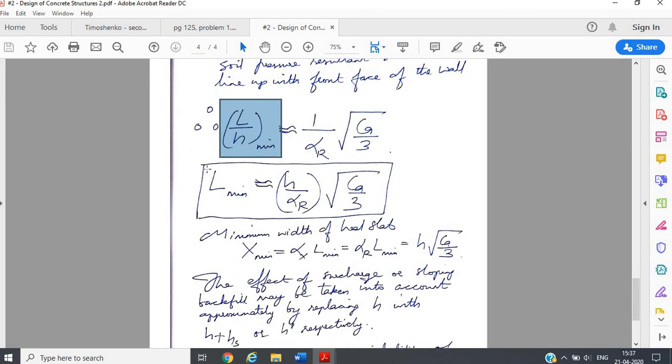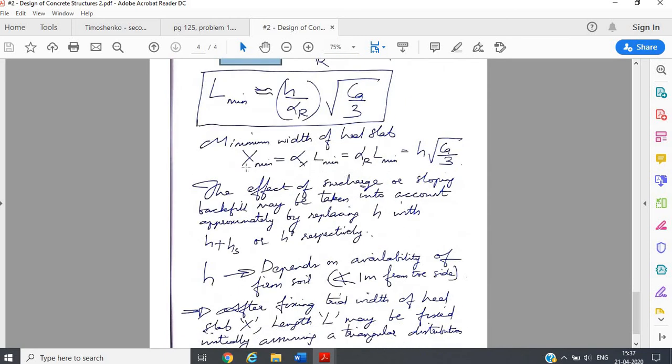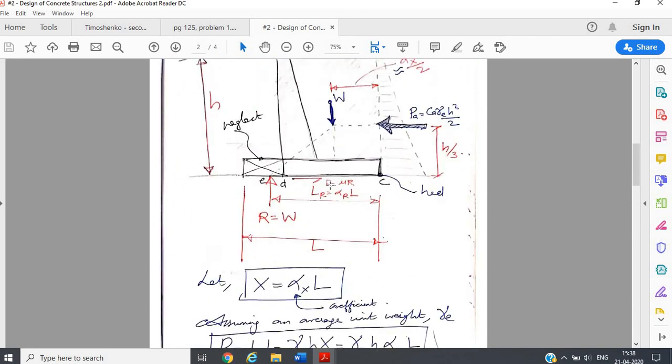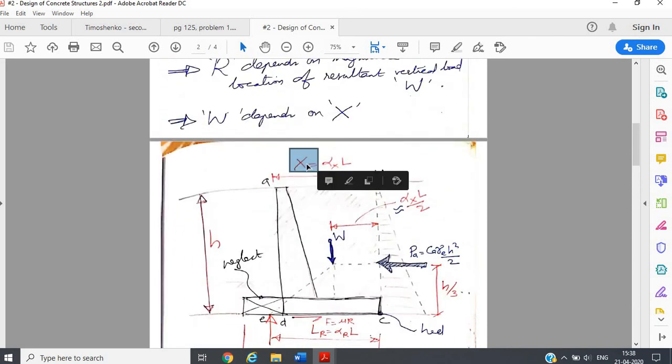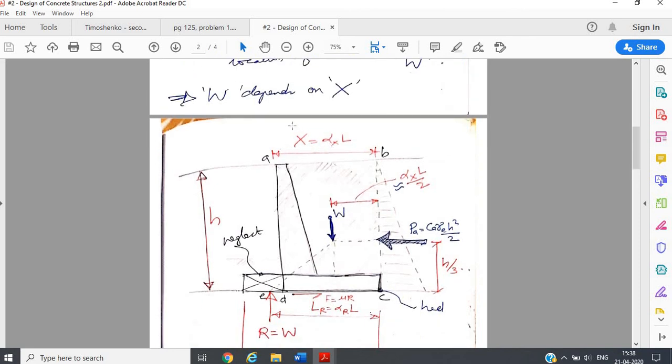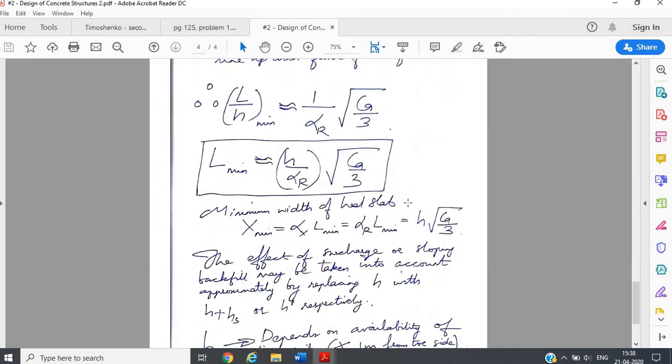For a given height, sending H to the other side, we'll get the expression for L minimum, and then using the same expression you can get the expression for alpha x min. So remember this was our x. For L minimum, when you substitute that, you will get x minimum, the minimum width required towards the heel portion.